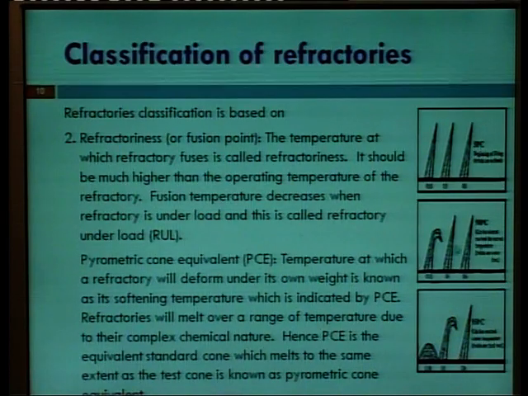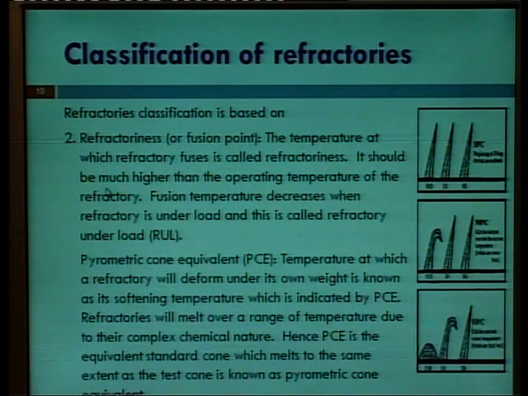If I make a certain cone like this, it is used in a test called the pyrometric cone equivalent test. I want to test my ceramic or refractory, so I make standard cones and subject them to heating, and they start melting, fusing due to their own weight. So, refractoriness is the temperature at which a refractory fuses.